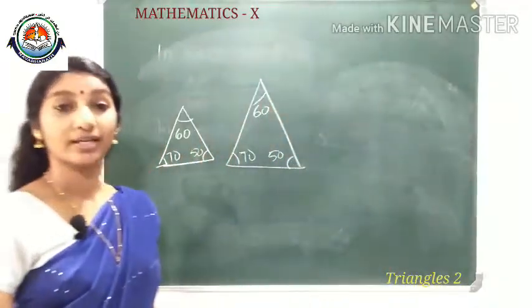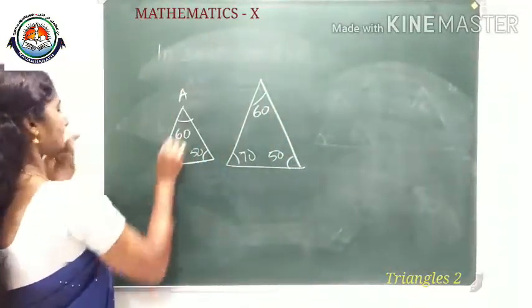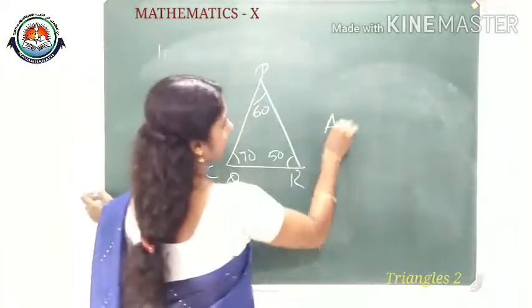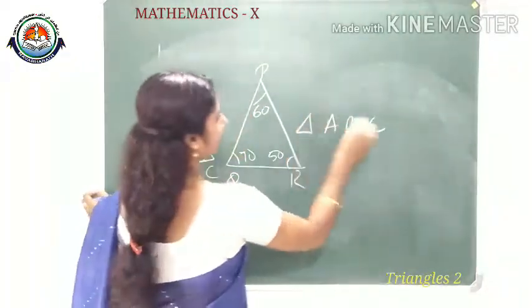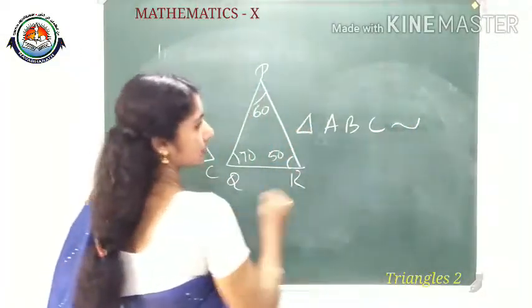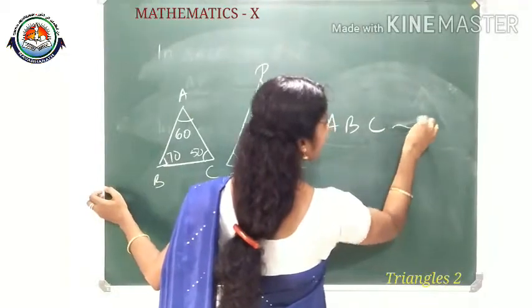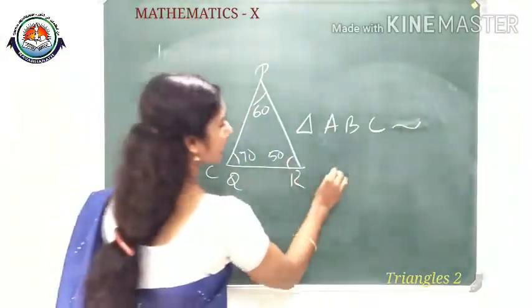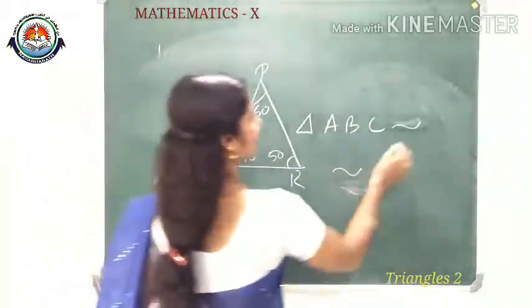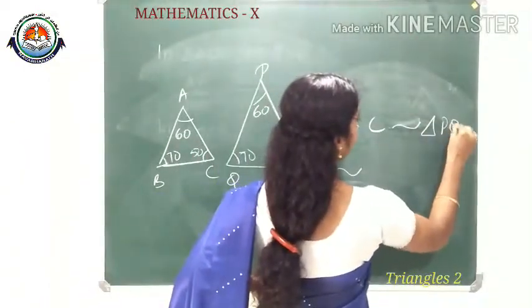Because their corresponding angles are equal. Suppose it is ABC and this is PQR, you can write triangle ABC similar to triangle PQR. The similarity notation is like this; for congruency you write it like this, and this is the first piece only.